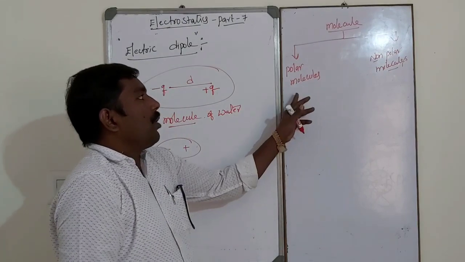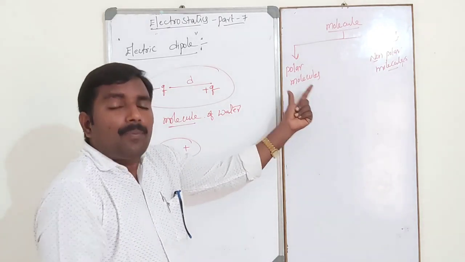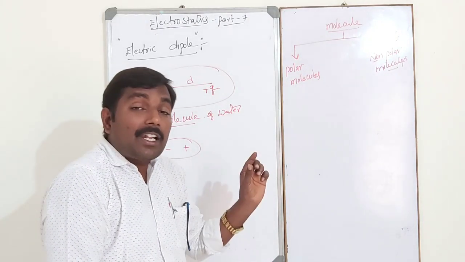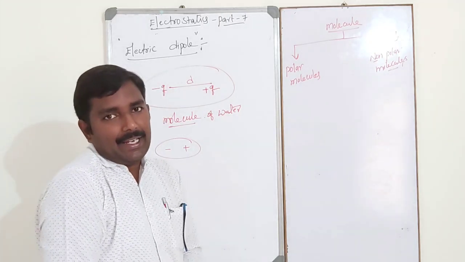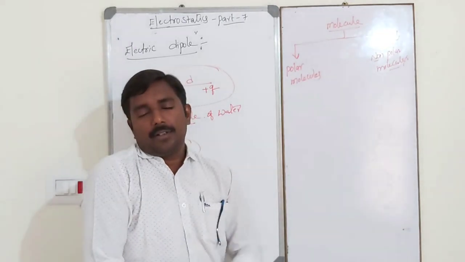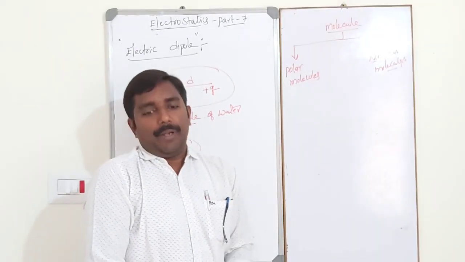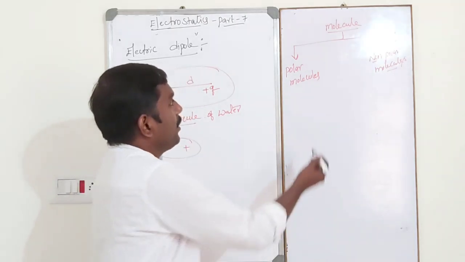So what are polar molecules? In the case of polar molecules, the center of positive charge and center of negative charge get separated. It possesses permanent dipole moment. So what is meant by dipole moment? I will explain later.